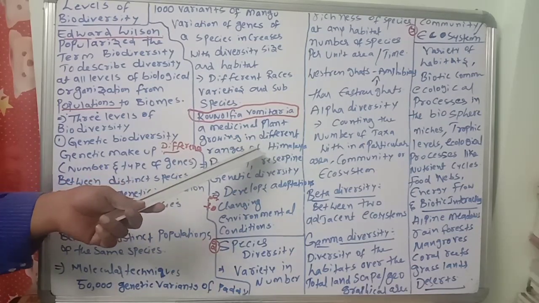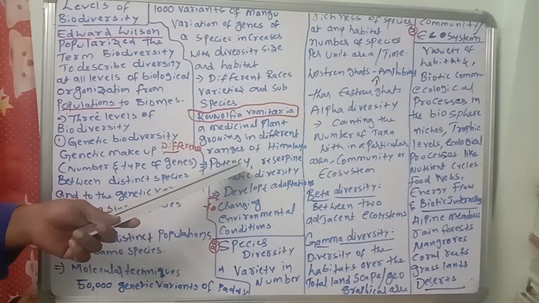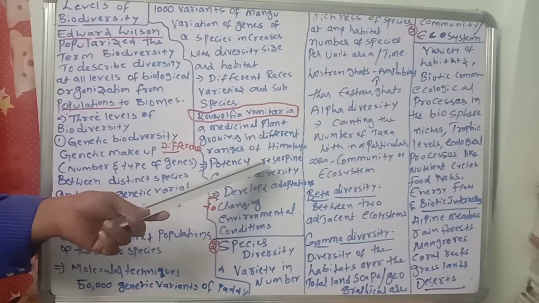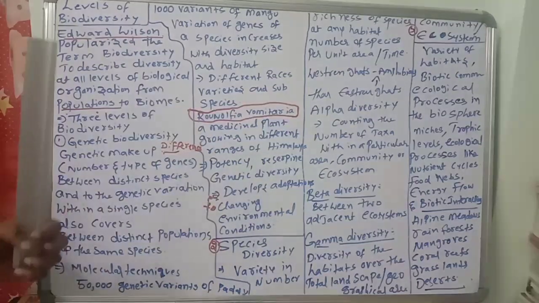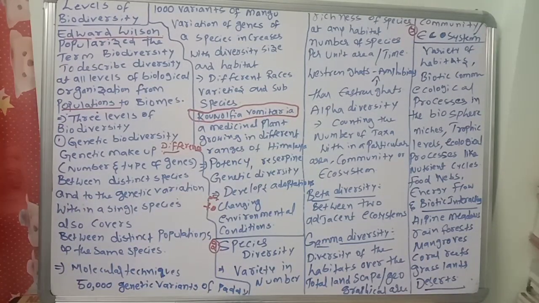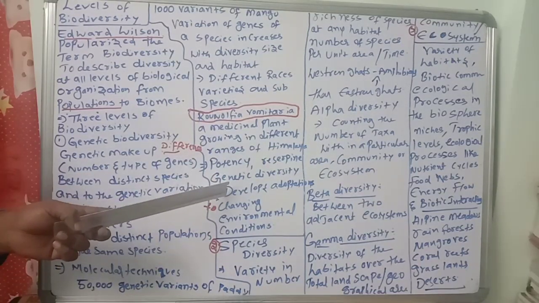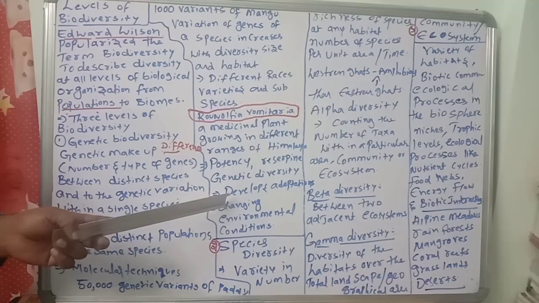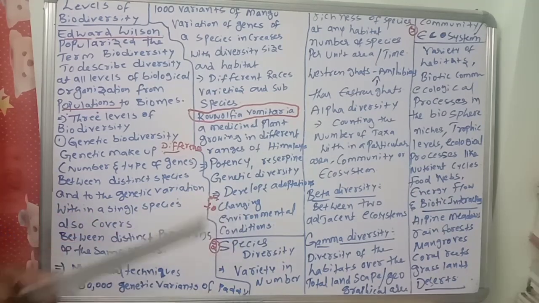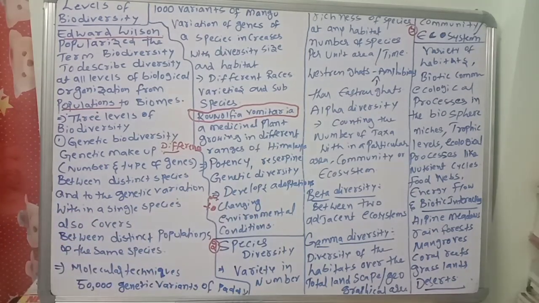Different ranges of Himalayas show differences in potency and in the active ingredient reserpine, showing the genetic variation in Rauwolfia vomitoria. So genetic diversity is helpful for the development of adaptations to changing environmental conditions. As environmental conditions keep changing, genetic diversity helps to develop the adaptations.